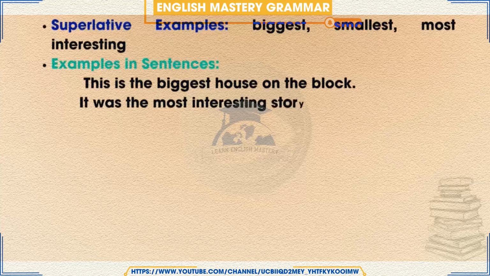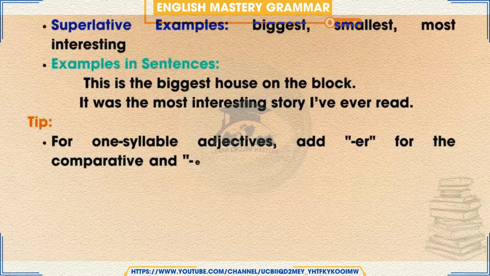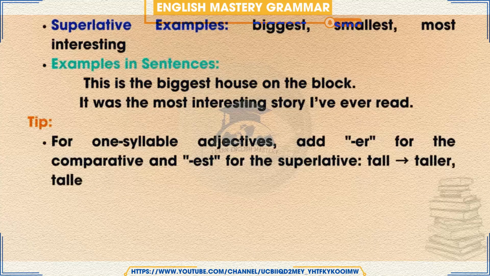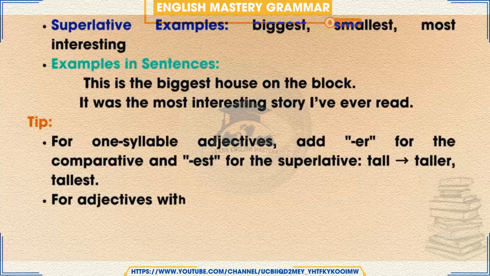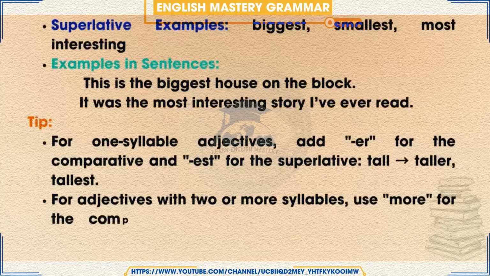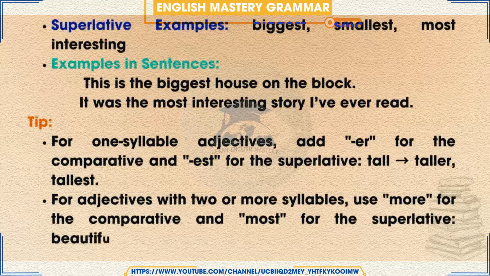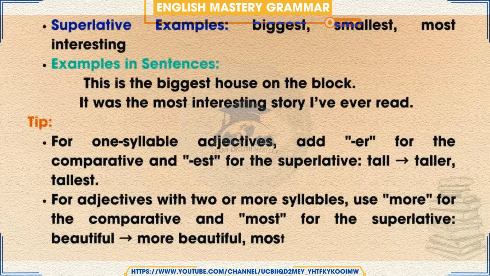Tip: for 1-syllable adjectives, add er for the comparative and est for the superlative: tall, taller, tallest. For adjectives with 2 or more syllables, use more for the comparative and most for the superlative: beautiful, more beautiful, most beautiful.